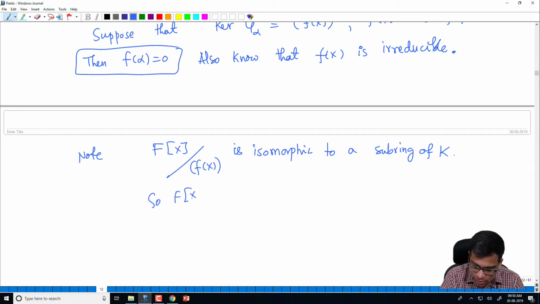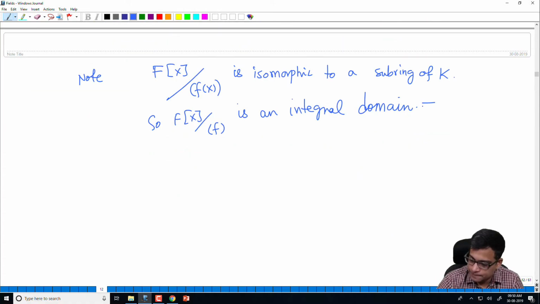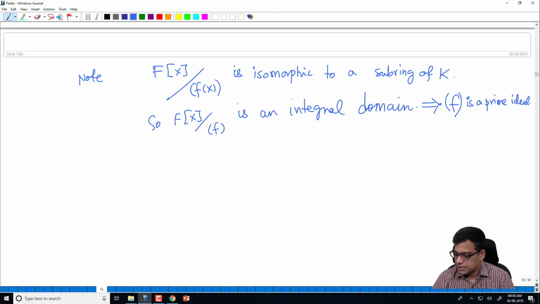So F[x] mod (f(x)) is an integral domain, right? A subring of an integral domain is an integral domain. Hence the ideal (f) is a prime ideal.